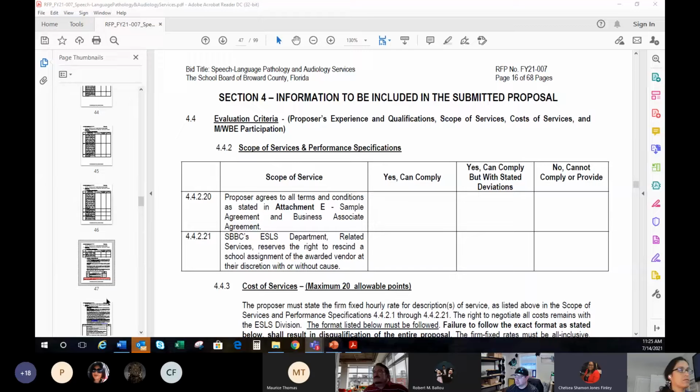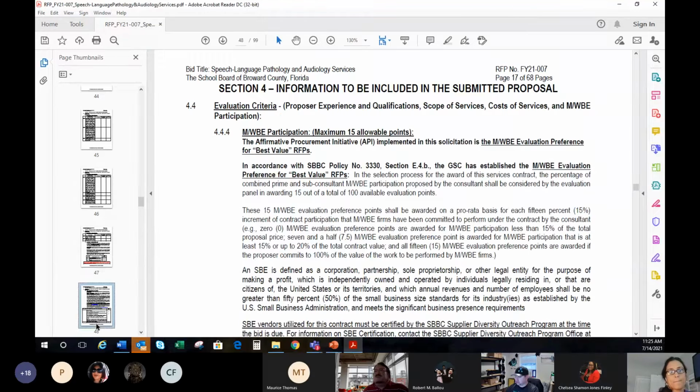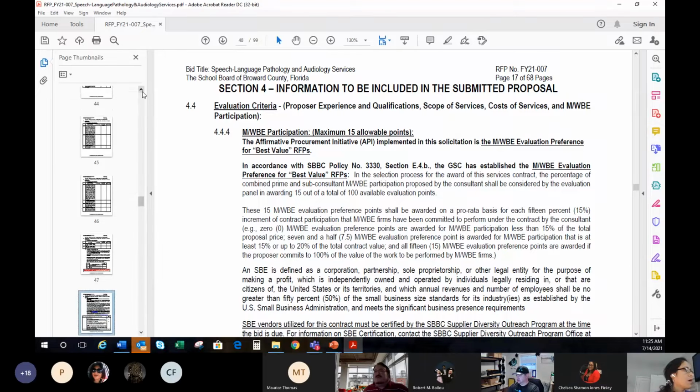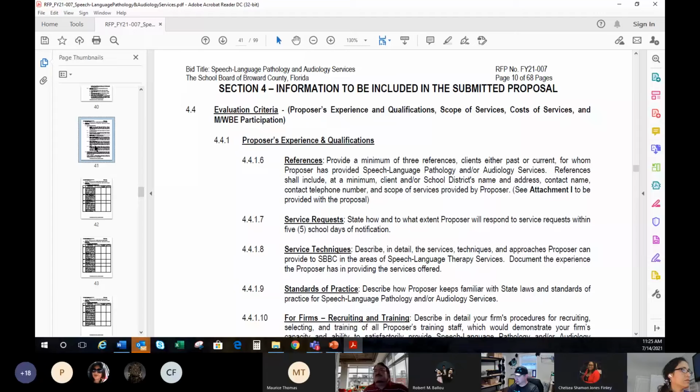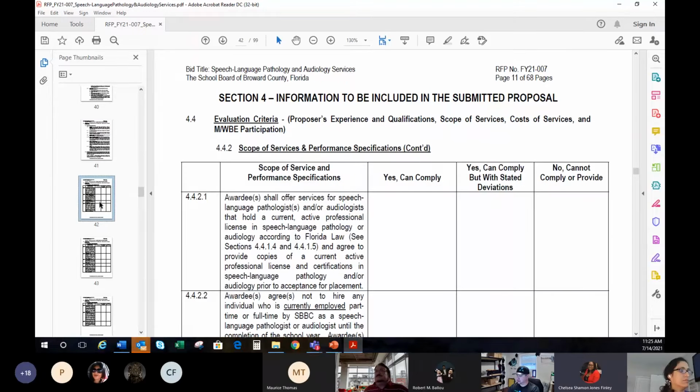Are you seeing it moving, Chuck? No, I think you went a couple of pages. Go back farther. This is where the proposals, experience, page 42. This is page 42. Are you seeing it? No, it's still on 41. Your mouse is over 42, so see if you can click.